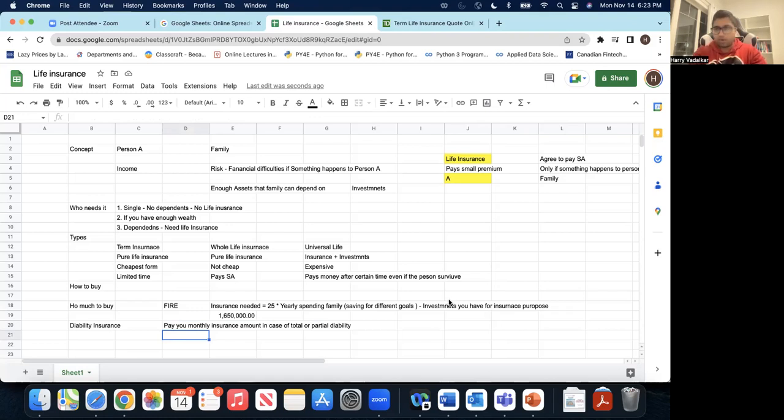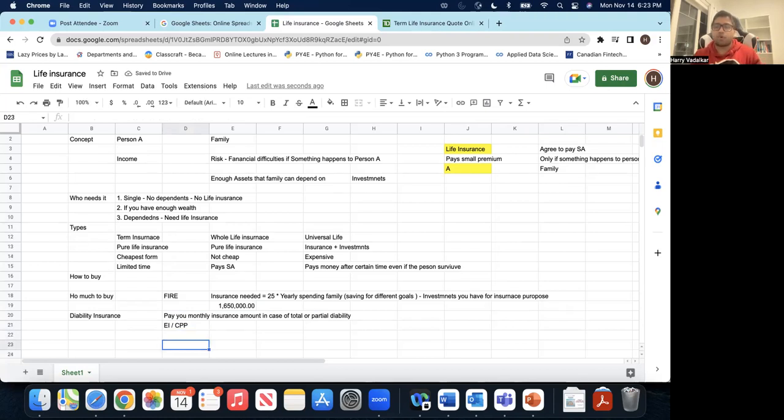Also remember, for a certain time after disability happens, a person can use EI and CPP benefits as disability income. But after that point, the payments will stop. So it is important to note that a person should always look for disability insurance.